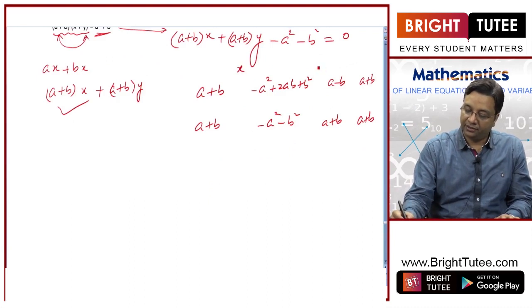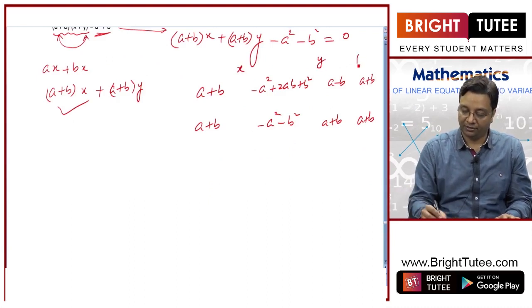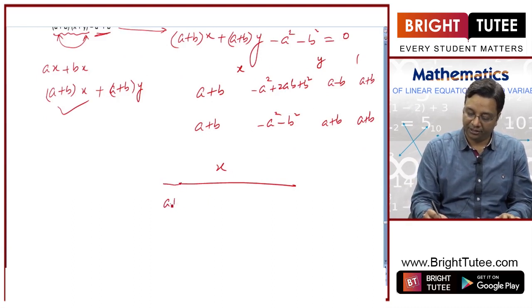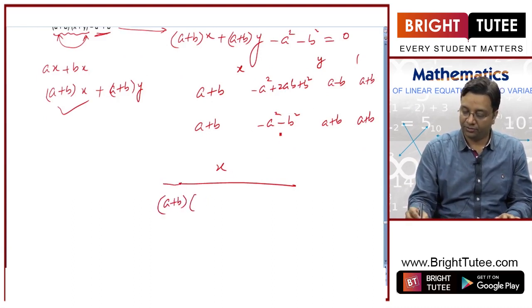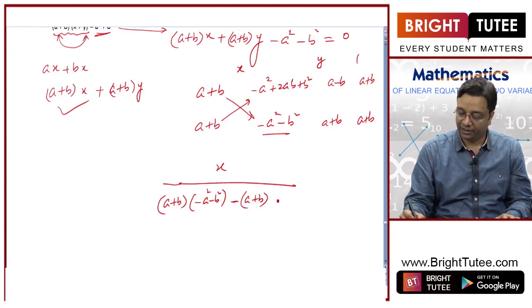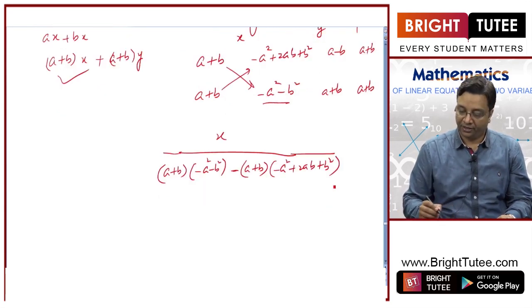So, x, y, 1. x divided by a plus b into minus a square minus b square, minus this product here, a plus b into minus a square plus 2ab plus b square. Okay.